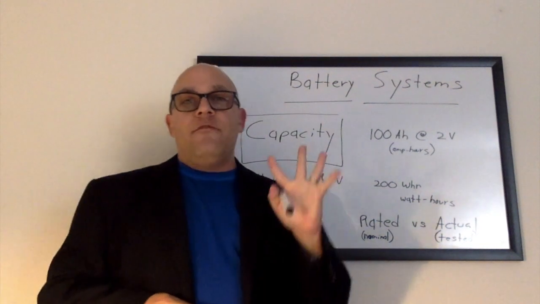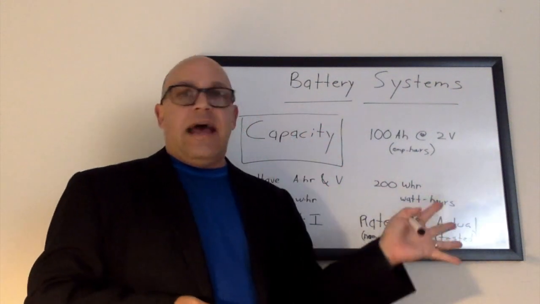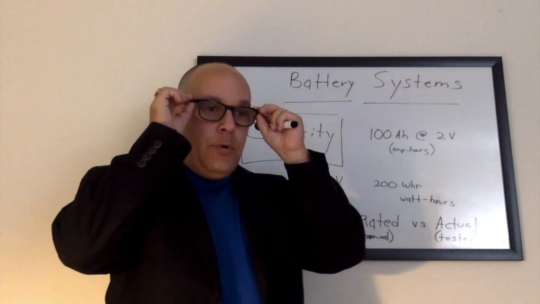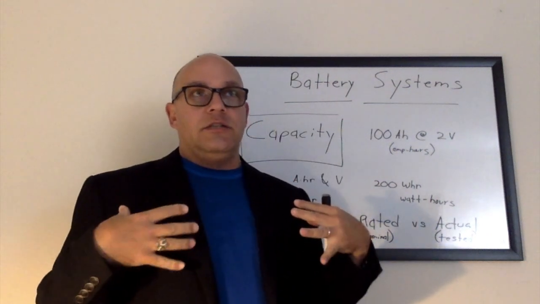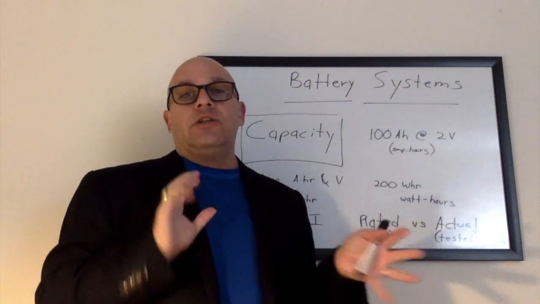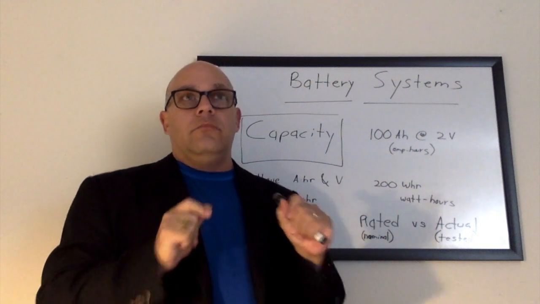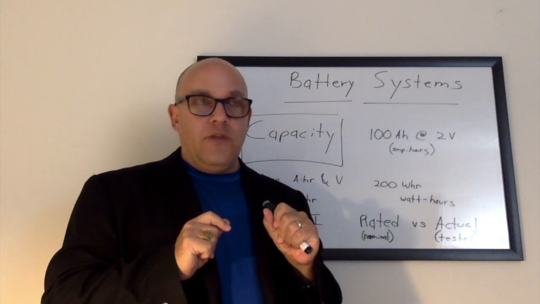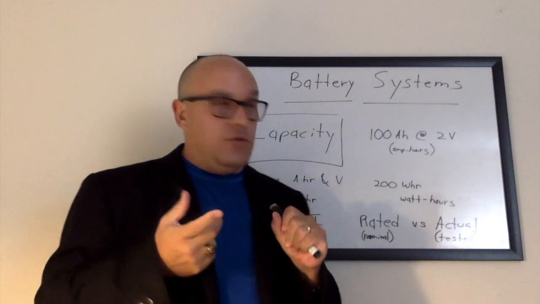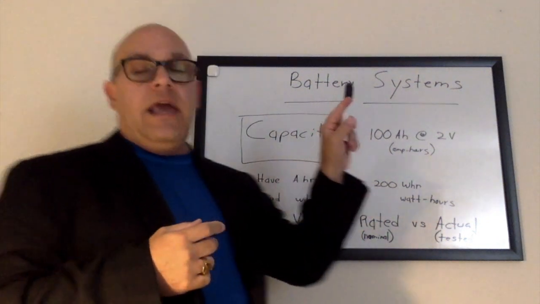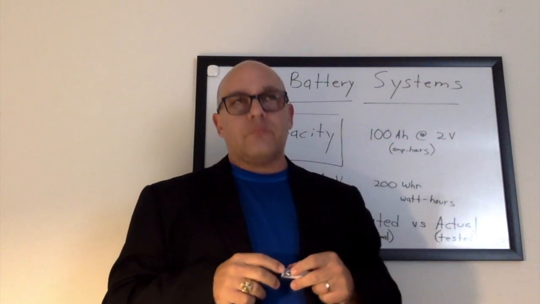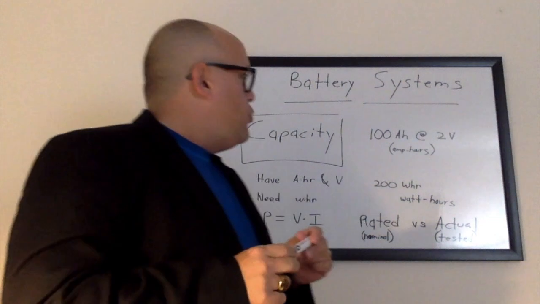Let's say you have a lead acid cell, for example. I'm mostly a lithium ion system expert, but let's just use lead acid because the numbers are easy and you can catch on to the number part of it quicker. Lead acid, 2 volts. So let's say we have a 100 amp hour battery. All right, what does that mean?